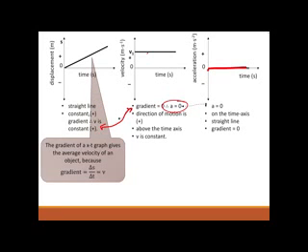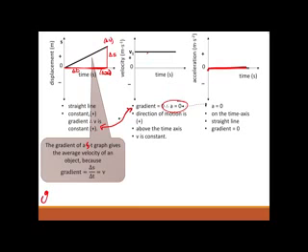Now what we need to remember about our graphs is this. Number 1, the gradient of a displacement time graph gives the average velocity of the object, because we're looking at changing displacement over changing time. You know that. So remember, gradient would be, when we take our triangle, change in s over change in t, change in y over change in x.